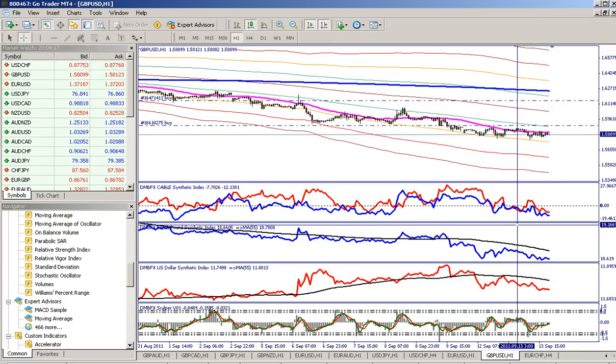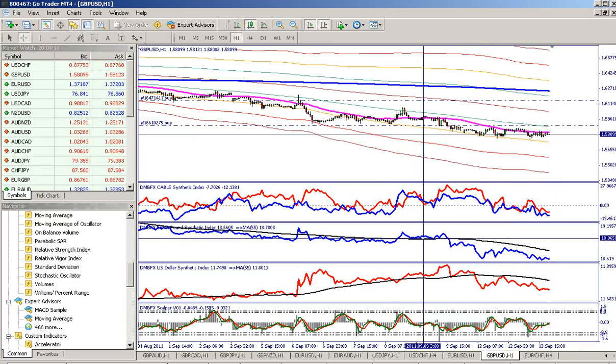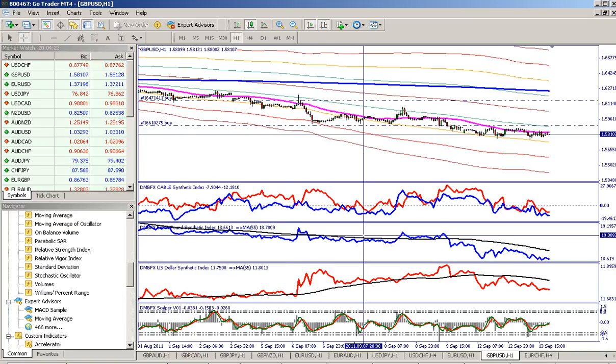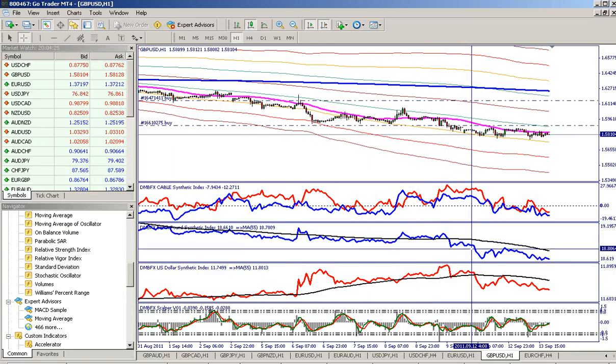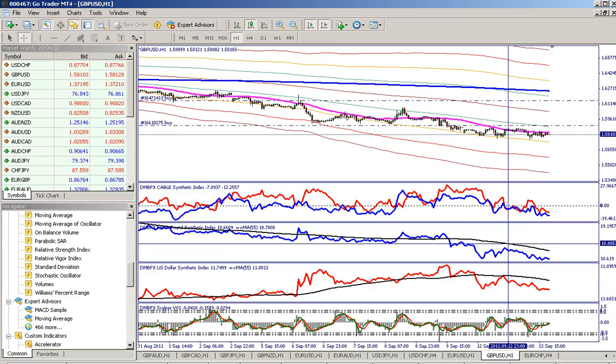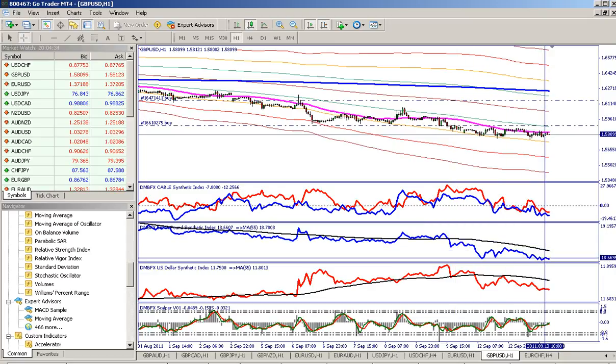And if we look at the individual currencies, you'll see that the blue line here is the pound, and it is way below the long-term moving average here, okay? The black line is the long-term moving average, and the price is way below at the moment.